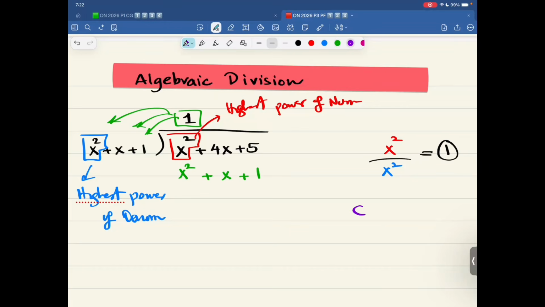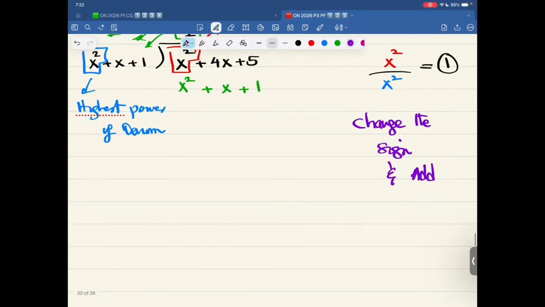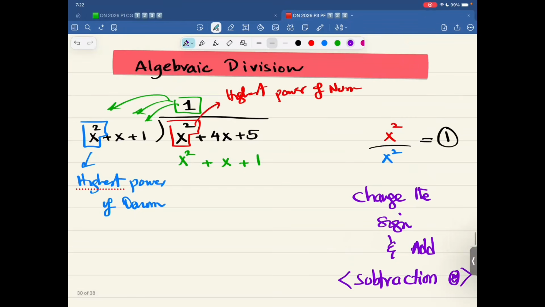Next, I'll change the sign and add. That is a beautiful name for subtraction. So therefore, negative, negative, negative. So x squared would cancel out. 4x minus x is 3x, 5 minus 1 is 4.